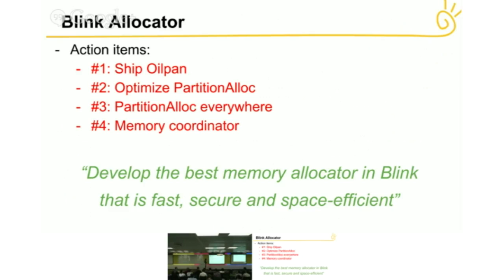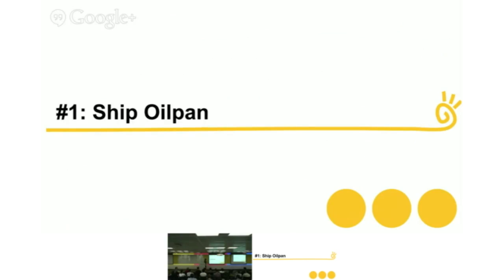Everywhere may mean everywhere in Chromium, but we are not sure. We want to replace allocators in Blink with PartitionAlloc at least. And the fourth one is to implement a good memory coordinator to coordinate allocators in the renderer processes.